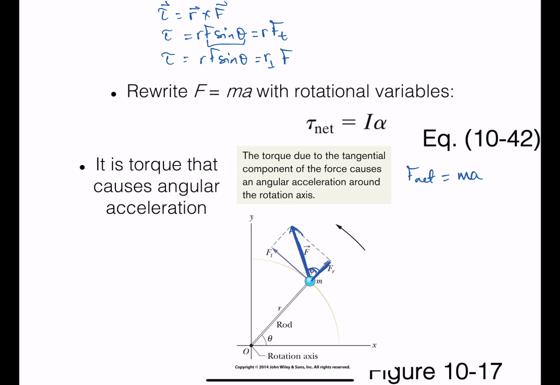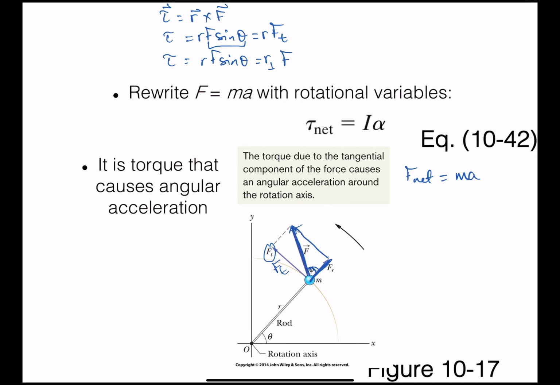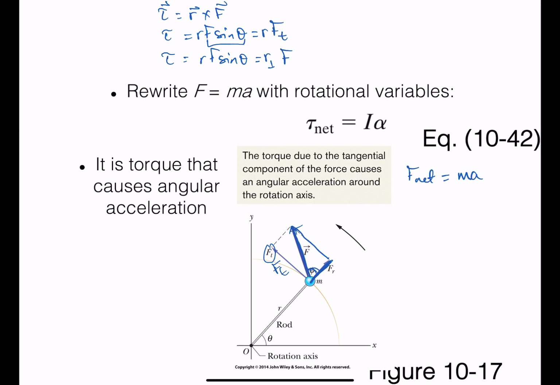This would be the perpendicular component, and parallel to that is the tangential force, F_t. The component along r does not exert any torque because it is parallel to r; theta is 0. So this is the part that's exerting torque.